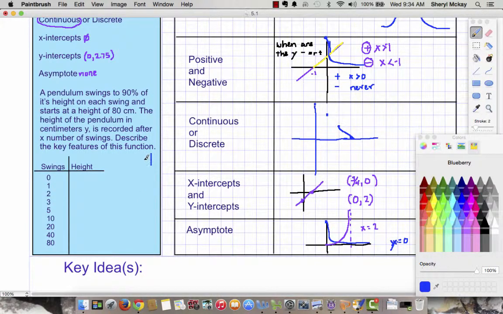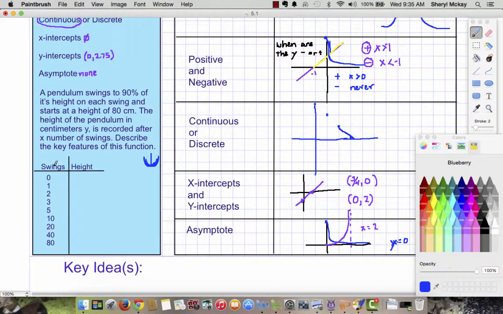You have something that comes down and it swings back and forth, just like that, okay? Always 90% of its height. And the height of the pendulum in centimeters, y, is recorded after x number of swings. Describe the key features of this function.